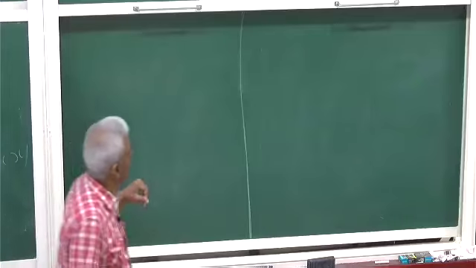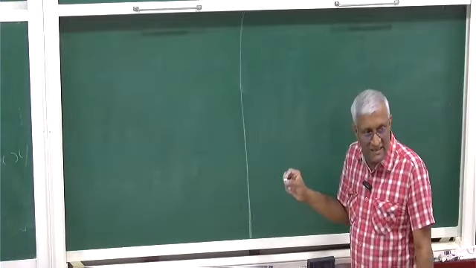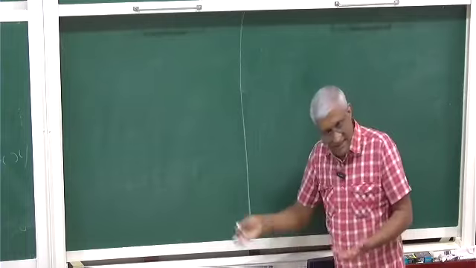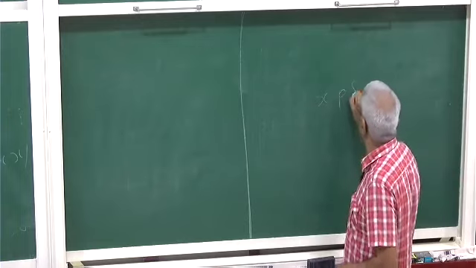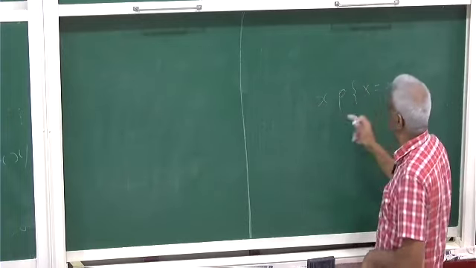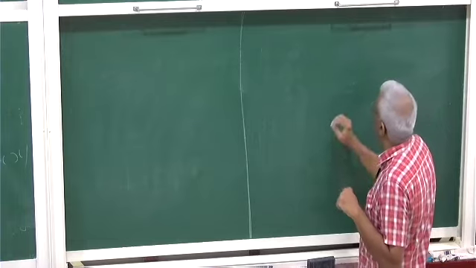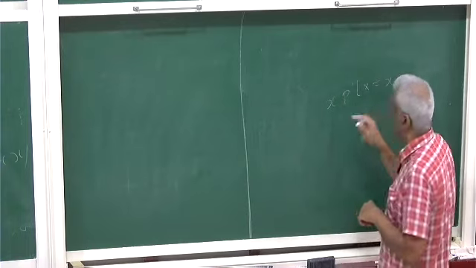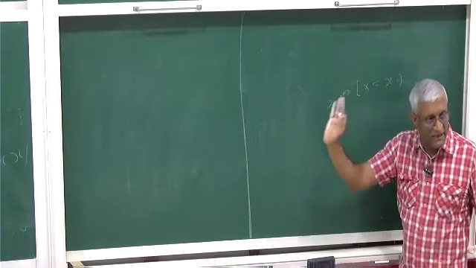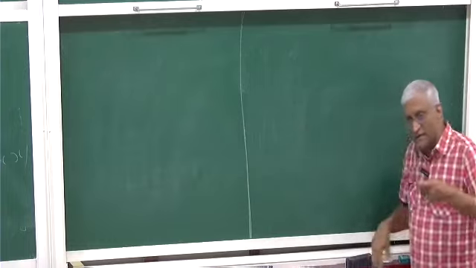If you have any discrete random variable, it is just the summation of x times the probability of X equal to x. But it uses the probability space.